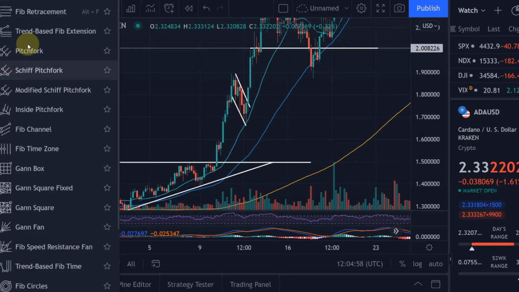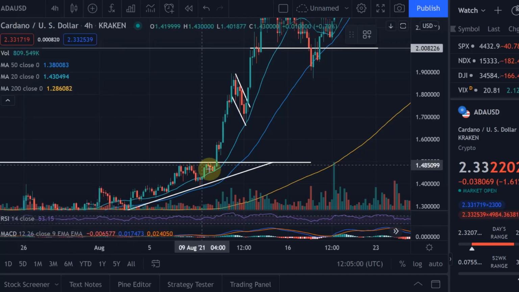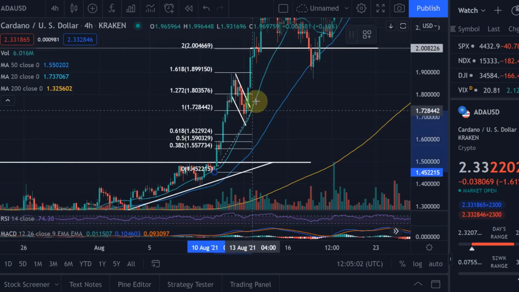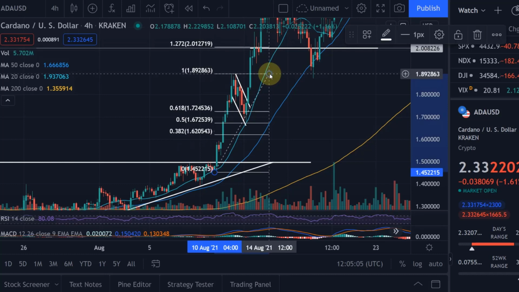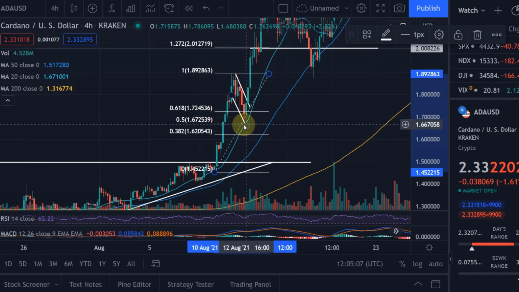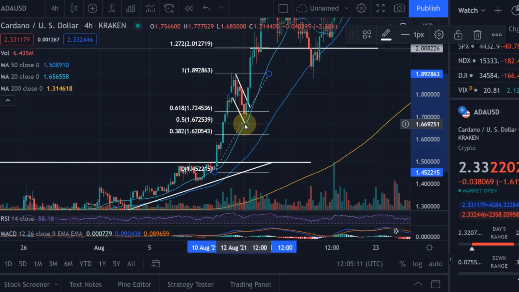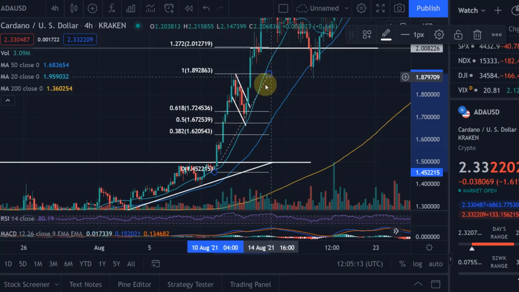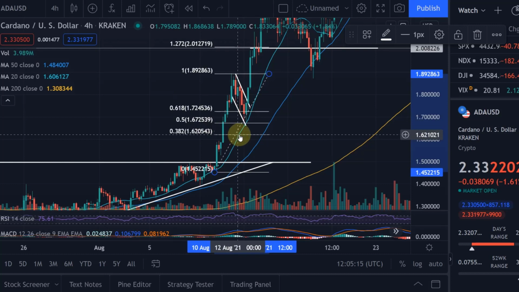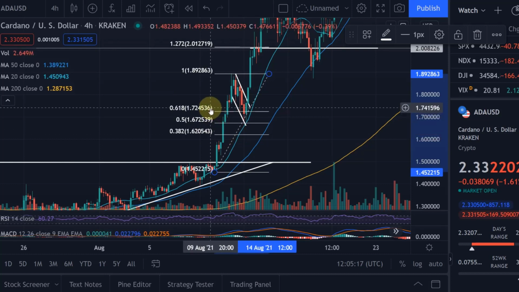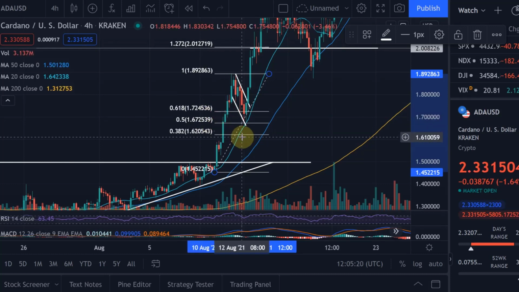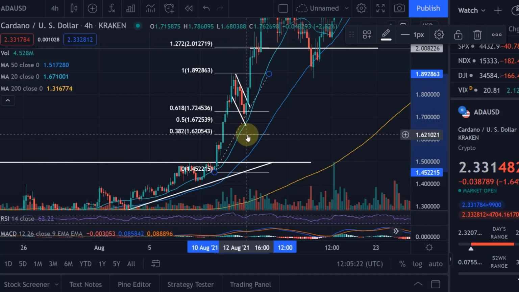If we take a look at the Fibonacci retracement levels, in such a flag pattern the retracement should not go lower than the 0.5 Fibonacci retracement level in an ideal world. Sometimes it goes down to the 0.382, or sometimes referred to as 0.618, depending on which level you look at, but it's this one which is below the 0.5 level.